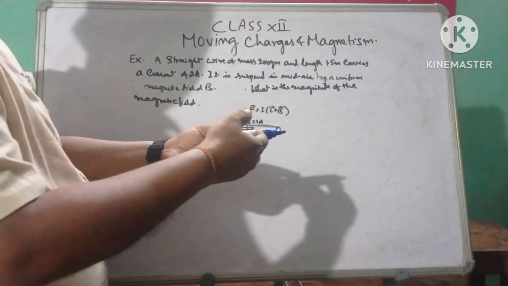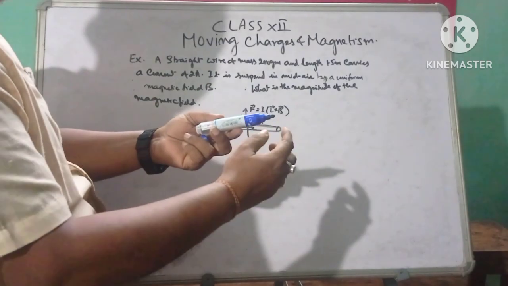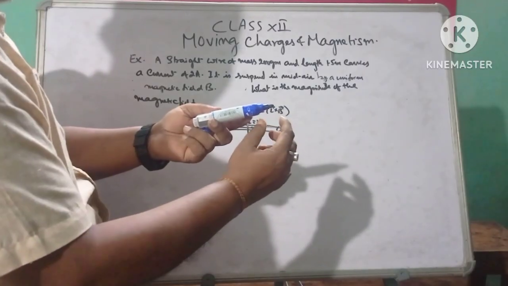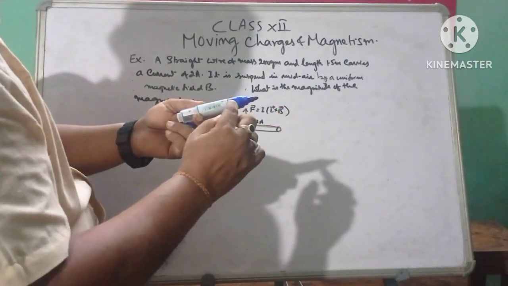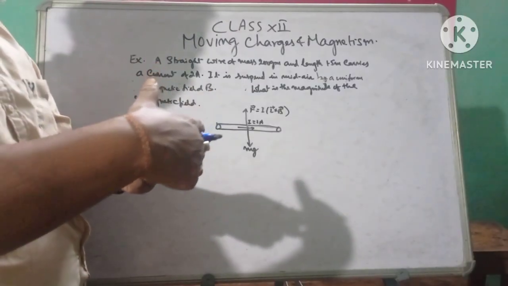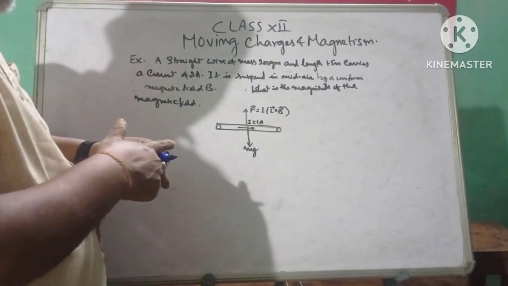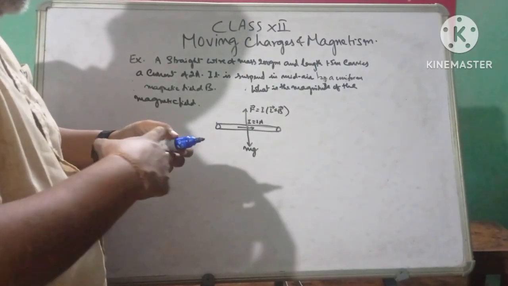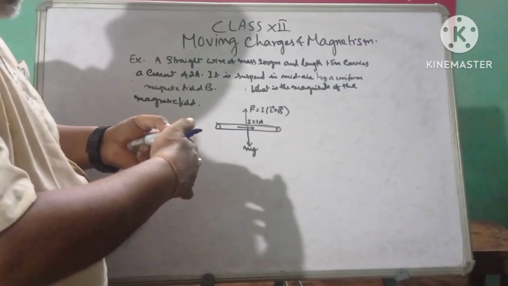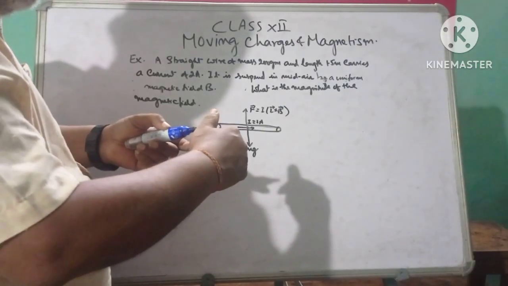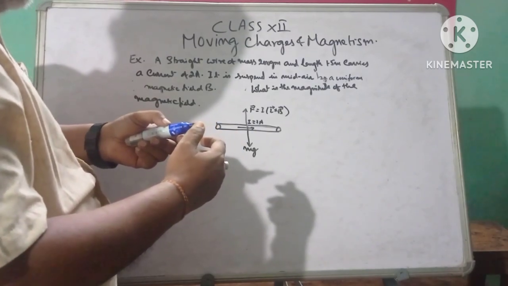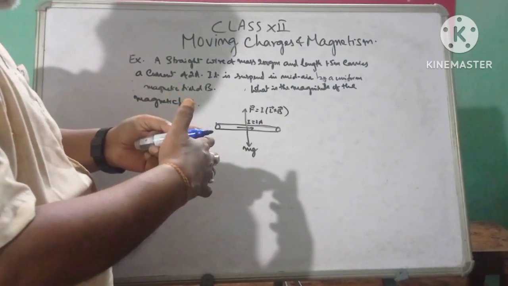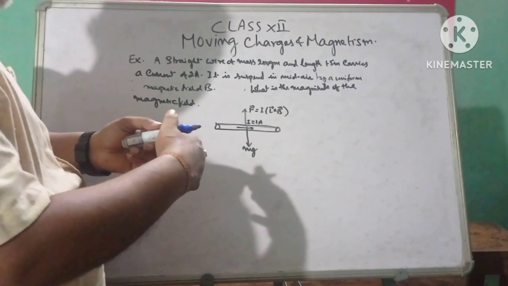Then your L cross B: this is your L and this is your B. So this is L cross B. This is your conductor, and here this is your magnetic field.